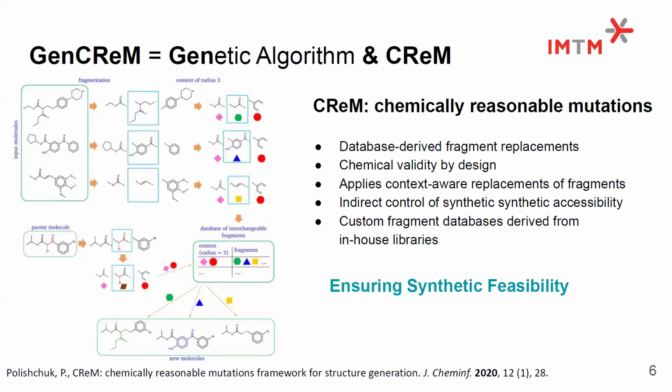To mutate a molecule, we also fragment it. If in the database we find other fragments with the same environment, the same context, it means such fragments are interchangeable, so we can easily replace them. It can return a very large number of new molecules, but they are always chemically valid.